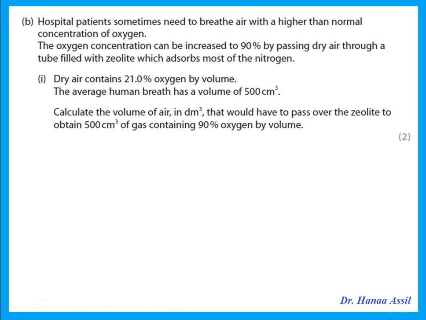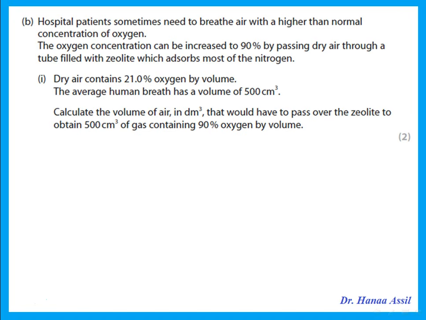The average human breath has a volume of 500 cm³. Calculate the volume of air, in dm³, that would have to pass over the zeolite to obtain 500 cm³ of gas containing 90% oxygen by volume.